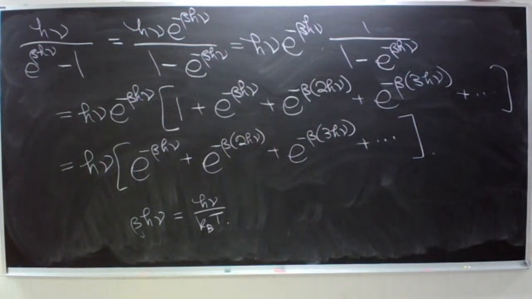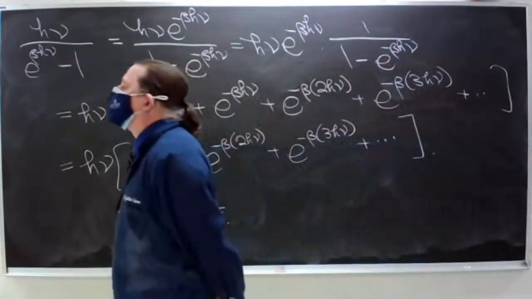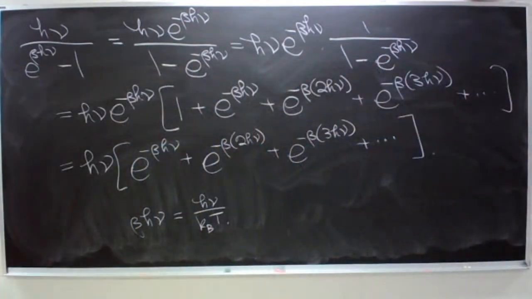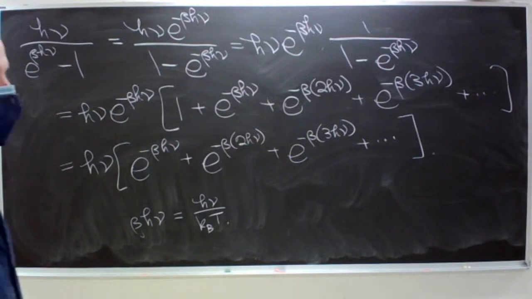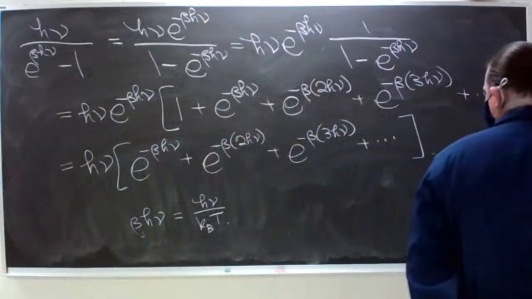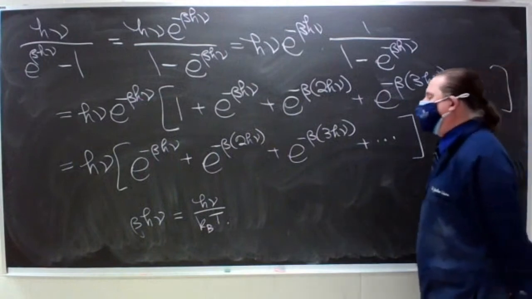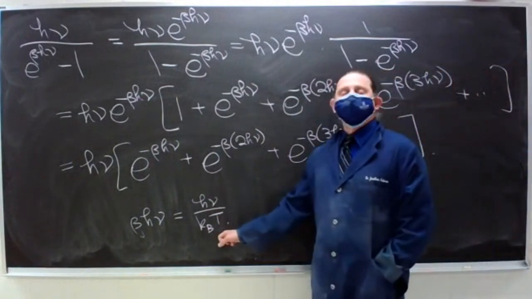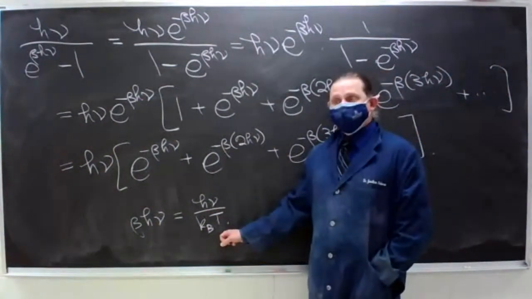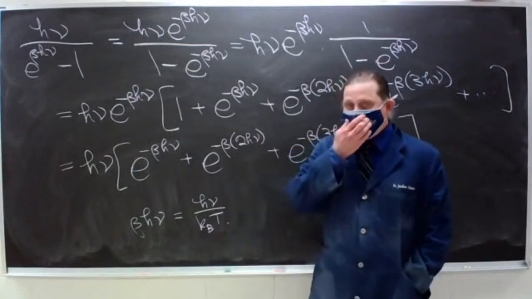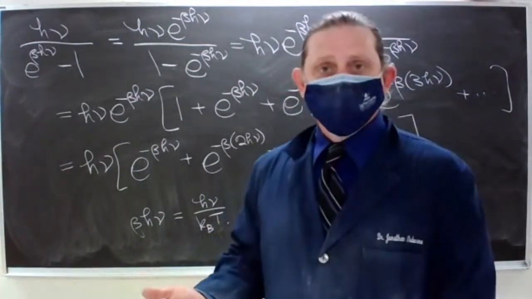If h nu is a lot bigger than k Boltzmann T, then it is unlikely that an electromagnetic wave with that frequency nu will be excited in thermal equilibrium at temperature T. If, on the other hand, h nu is much smaller than k Boltzmann T, then we expect easy occupation.